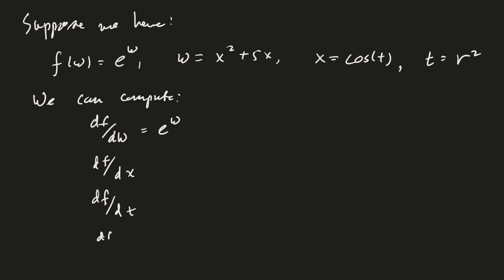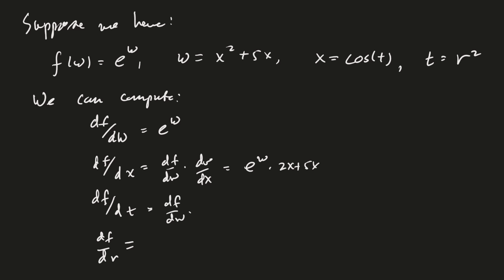Well, we could also take df over dr if we wanted to. So df over dx would be df over dw times dw over dx. So that'd be e to the w times 2x plus 5. And then we would want to back substitute. Here we would have df over dw times dw over dx times dx over dt.